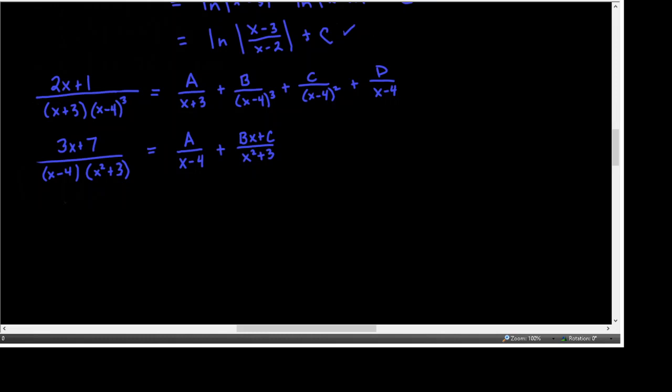So I have to allow for every power of x up to and including 1. Now for the first fraction, x to the first is to the first power. I have to allow up to x to the 0 power of x. And of course that's equal to 1, which means that just some constant will be there. If I had, for example, a cubic term, I would have to allow for up to 3 minus 1 is 2.